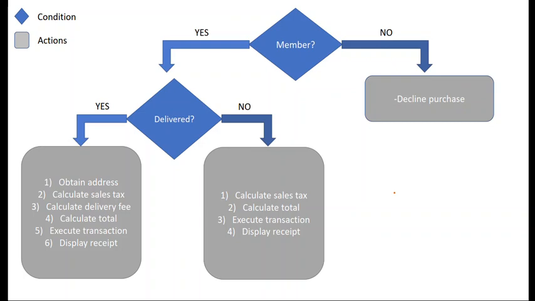Now, the program installed on the website of this retailer will go through a series of conditions and actions in order to complete this transaction for the customer. In this diagram, these blue rhombuses represent conditions, whereas the gray rectangles represent the actions or the tasks carried out by the program.